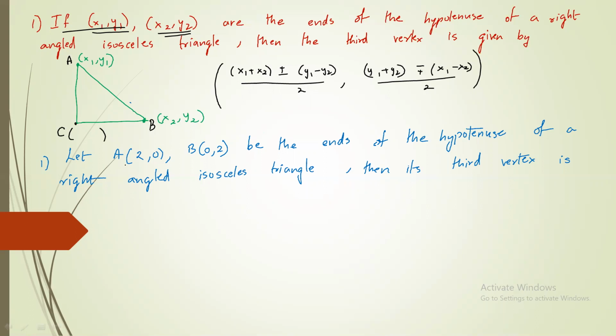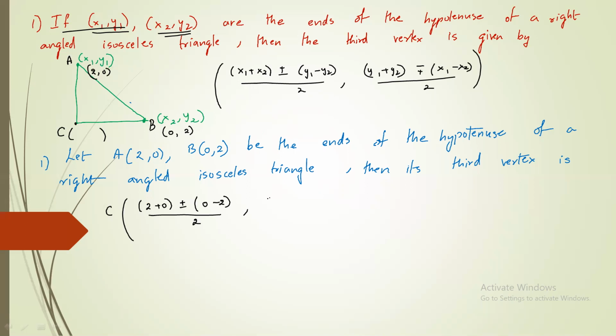Let us take the right angle triangle with the ends of the hypotenuse A as (2, 0) and B as (0, 2). Now we are finding the third vertex C. So I will take x1 plus x2, that is 2 plus 0, plus or minus y1 minus y2, that is 0 minus 2, by 2.